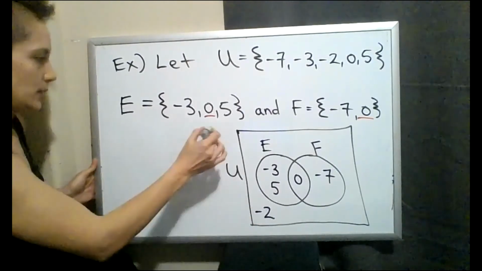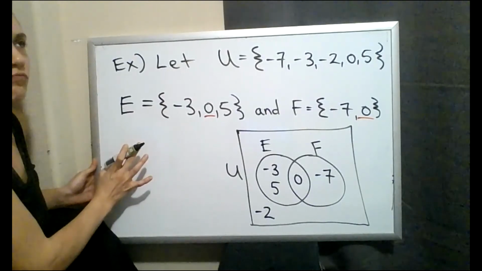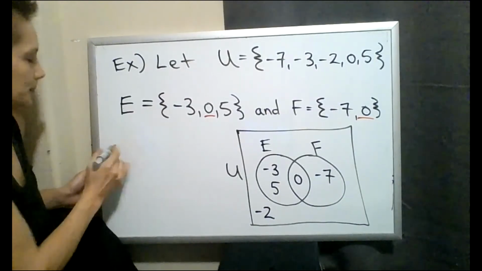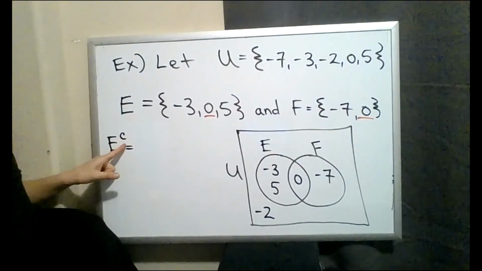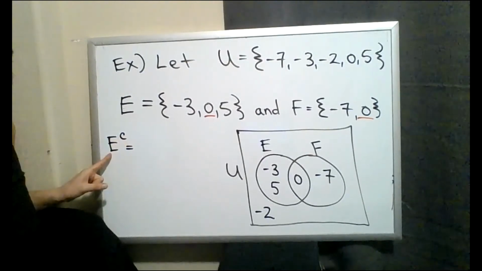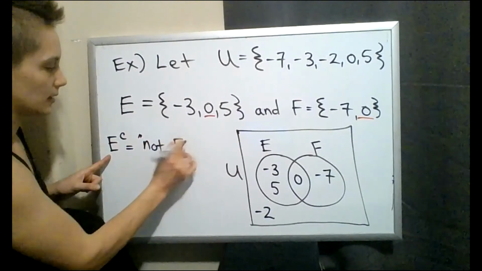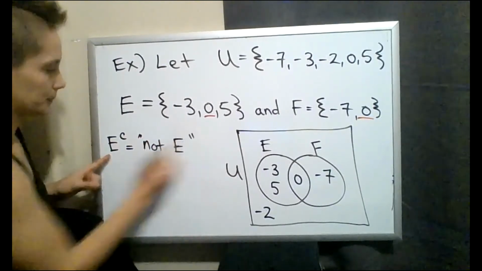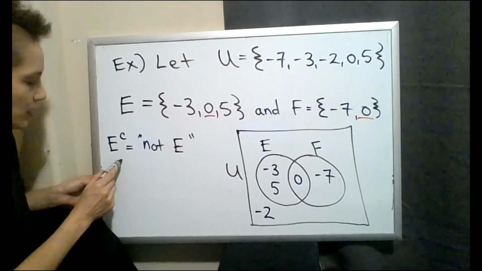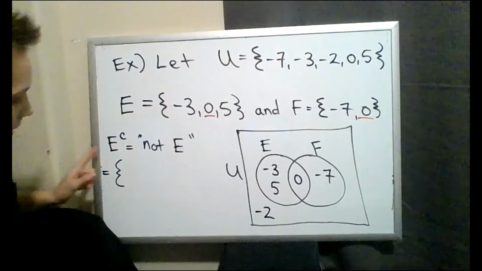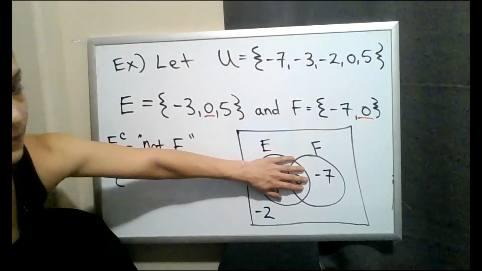Okay, let's do E complement. So this C means the complement of E, or the set that's like not E. But you want your answer to be a set with curly brackets, elements outside of E, which are -2 and -7.